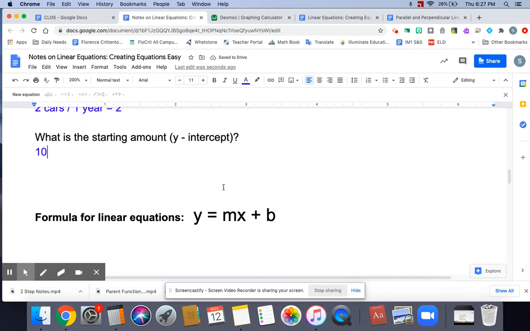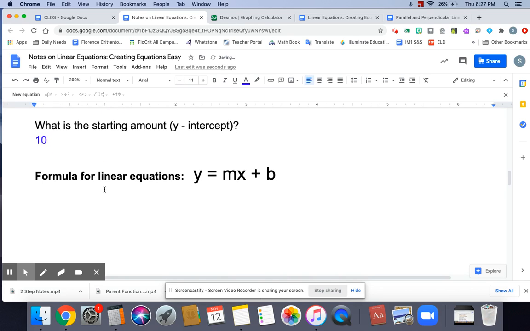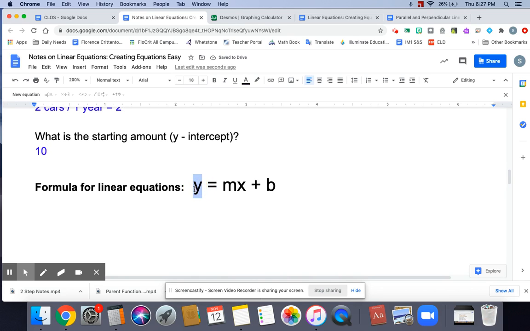So in general, the formula for any linear equation always looks like this. Y, meaning the amount I have, equals mx plus b, where m is my slope, x is my time, and b is my starting amount.